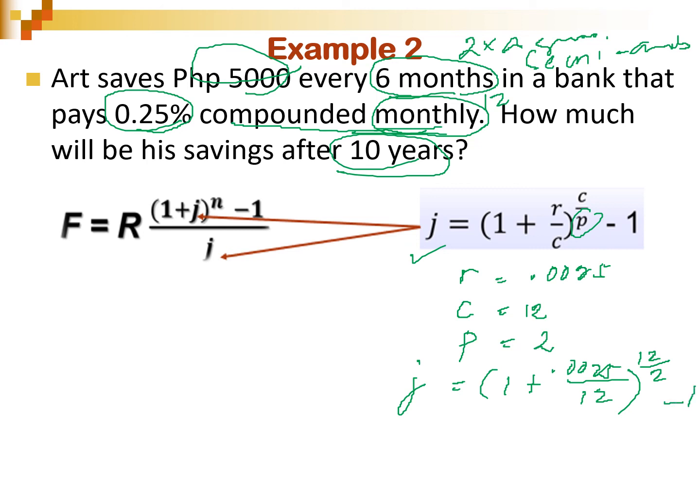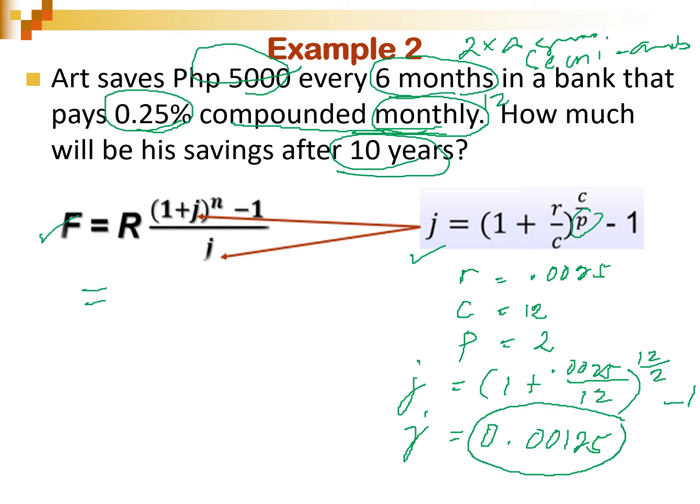Then minus 1. Using calculator, the value of J is 0.00125. So this is the value of J. So from here, we can now proceed to solving for the future value following this formula.